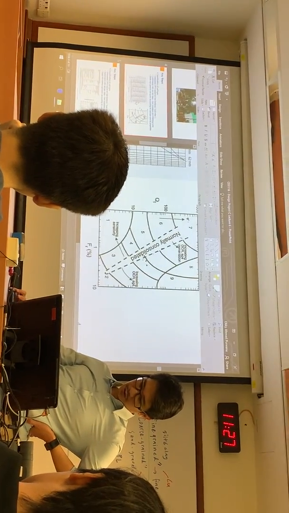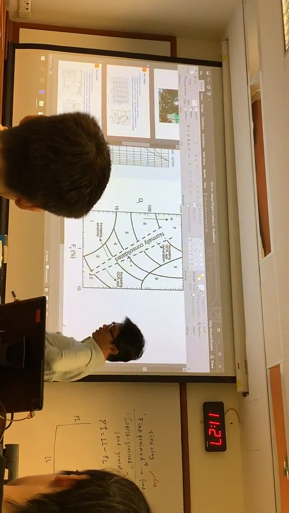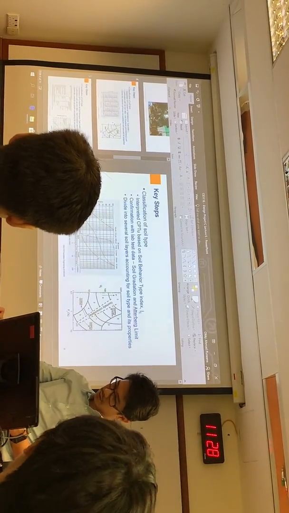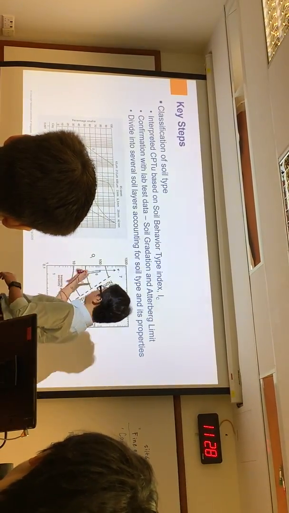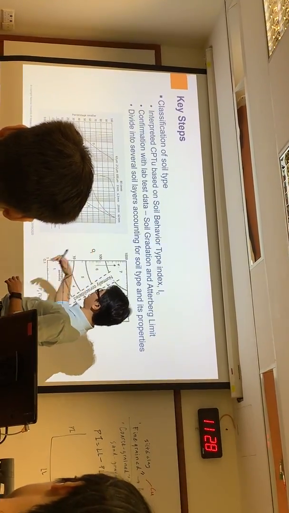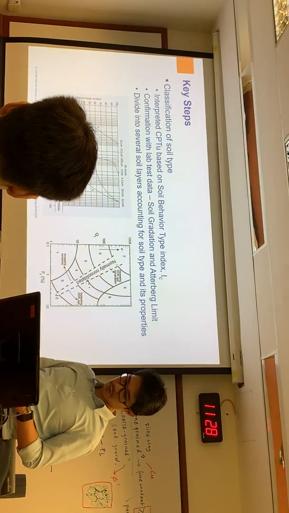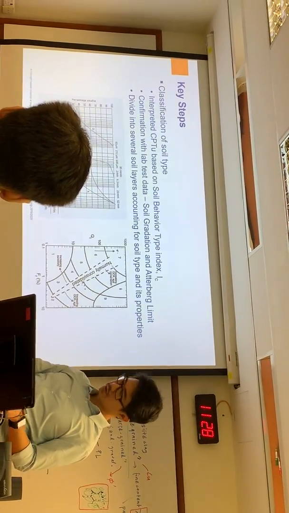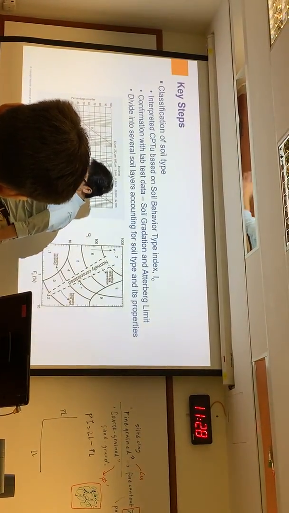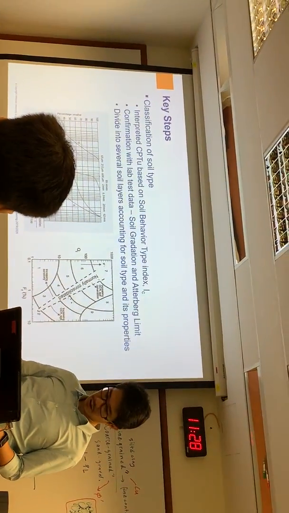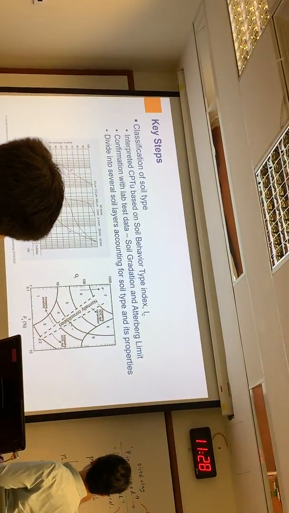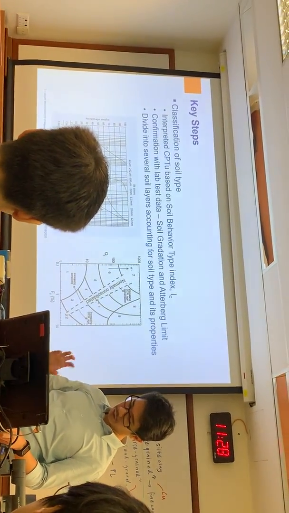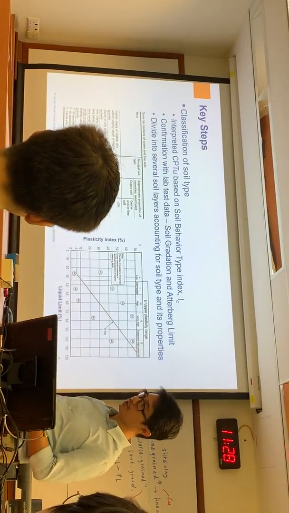First you go to the particle size analysis, and then you know what is the primary component, whether it is sand, gravel, or fine material, clay and silt. And if the fine content is more than 35%, you want to distinguish whether the primary component is clay or silt, then you do this.